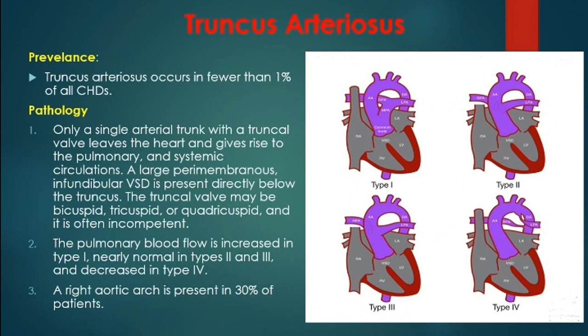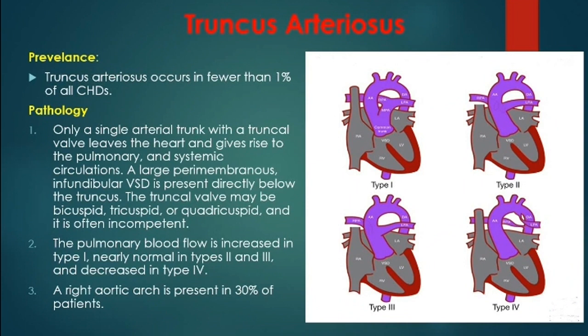This anomaly is divided into 4 types by how the pulmonary arteries arise from the truncus arteriosus. Types 1 and 2 constitute 85% of cases, where in type 1, the main pulmonary artery arises from the trunk and gives rise to both branches, right and left pulmonary arteries.